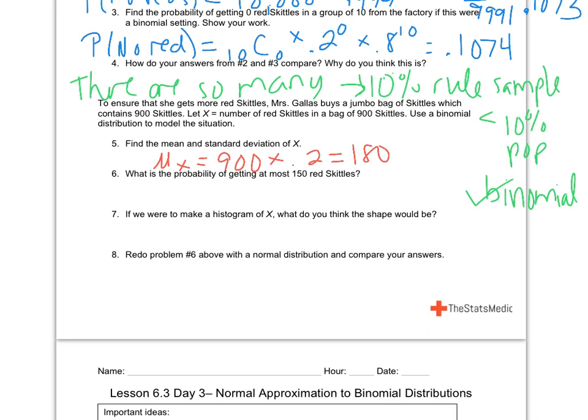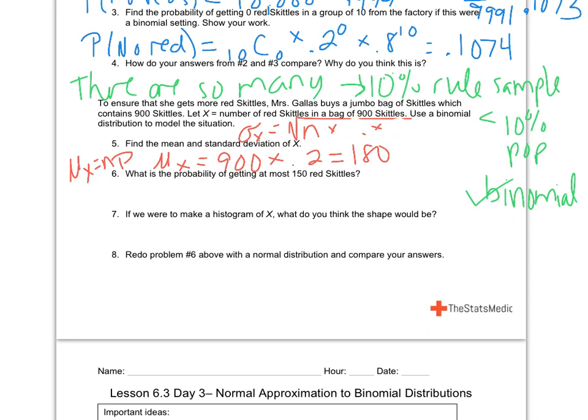Our standard deviation, okay, remember our formula for mean, we saw this today in class, is the sample size times the probability, and our formula for standard deviation is the square root of the sample size times the probability of success times the probability of failure.